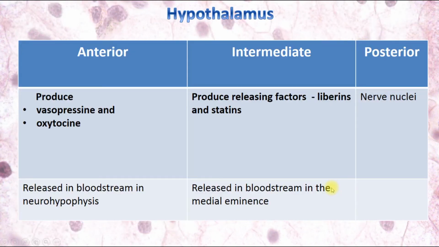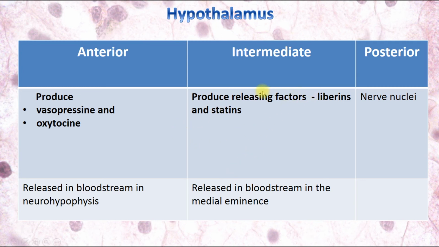Those hormones produced by the intermediate hypothalamus are called releasing factors: liberins and statins. They are called releasing factors because they activate or inactivate release of troph hormones by adenocytes. So their target cells are adenocytes of the adenohypophysis.